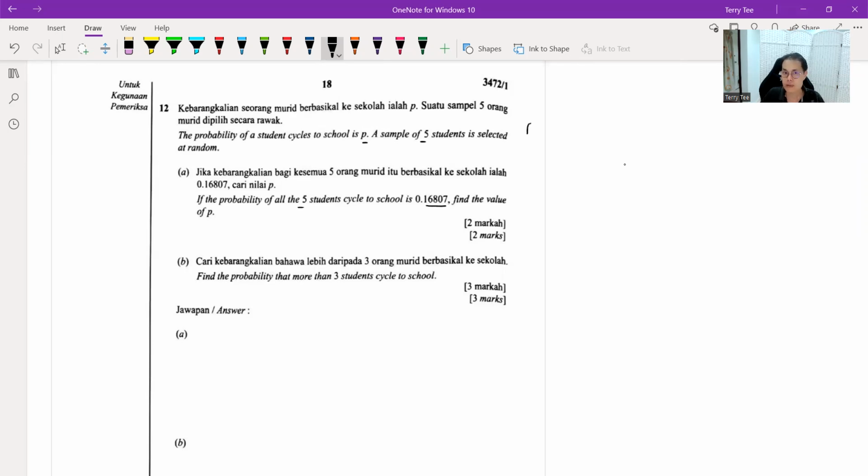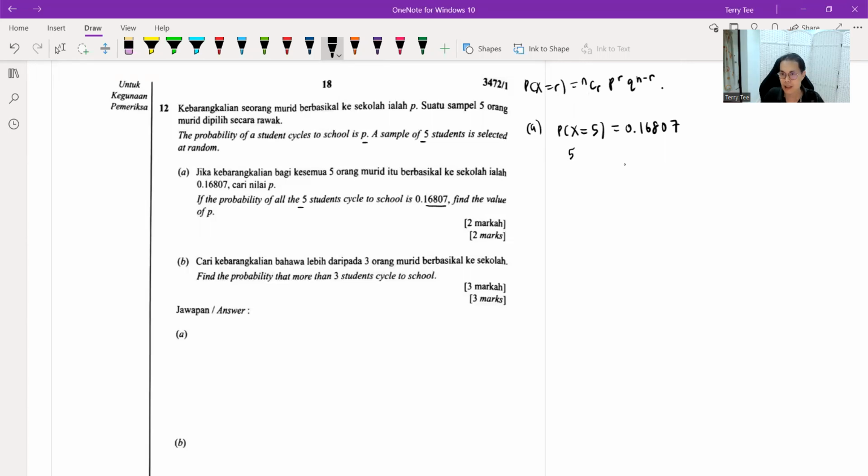Okay, I'm going to do it over here. They say all the students cycle to school, so that means P(X = 5) equals 0.16807. What I need to do is use the formula. Remember, the binomial distribution formula is nCr p^r q^(n-r). This formula is given in the exam.